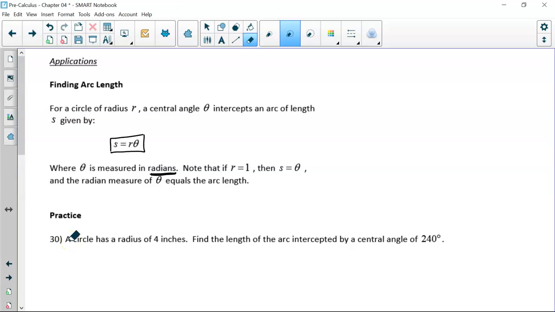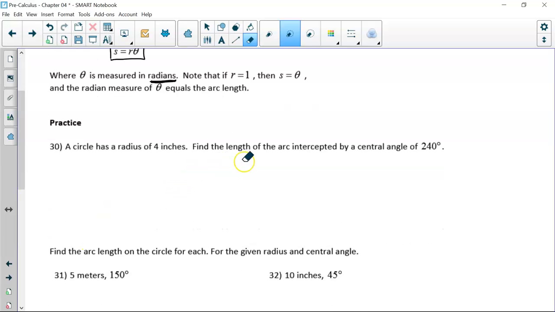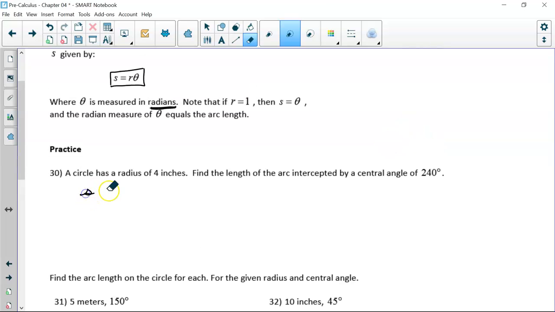So for number 30, a circle has a radius of 4 inches. Find the length of the intercepted arc. So the length of the intercepted arc, s, equals r times theta. So it's the radius, which is 4 times. Now theta is not 240 degrees. We have to convert that to radians.